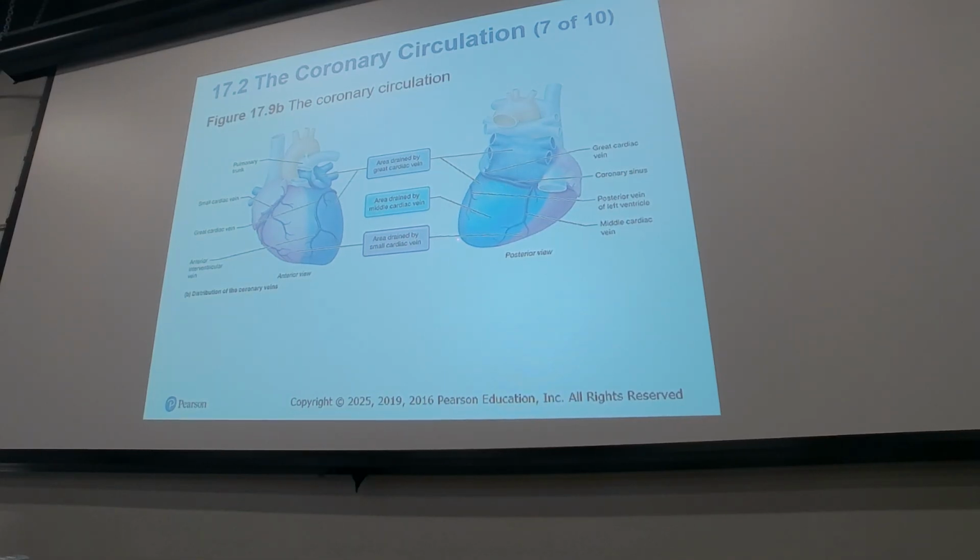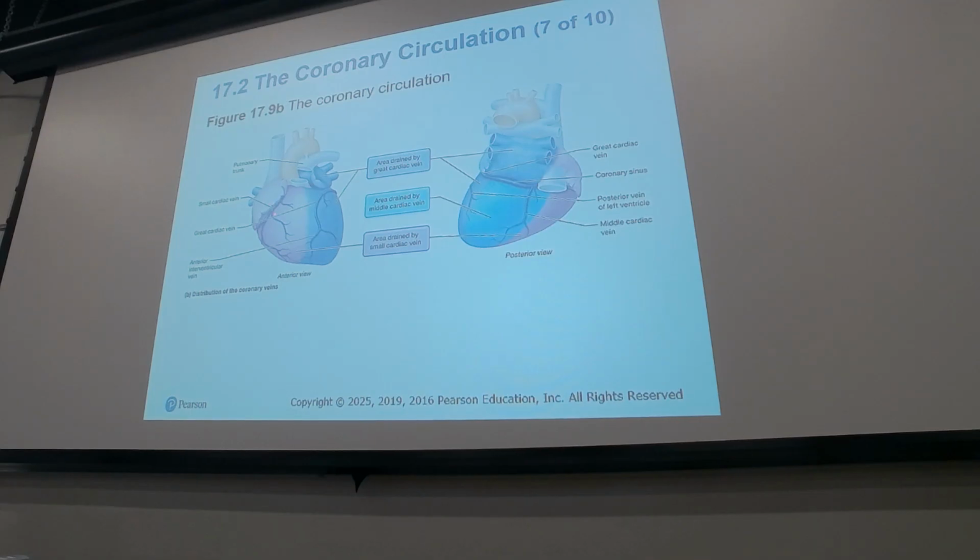The middle cardiac vein drains this middle part in between the edge of the left ventricle and part of the right ventricle. And this part in purple color is drained by the small cardiac vein: the right posterior edge of the right ventricle and this right atrium.